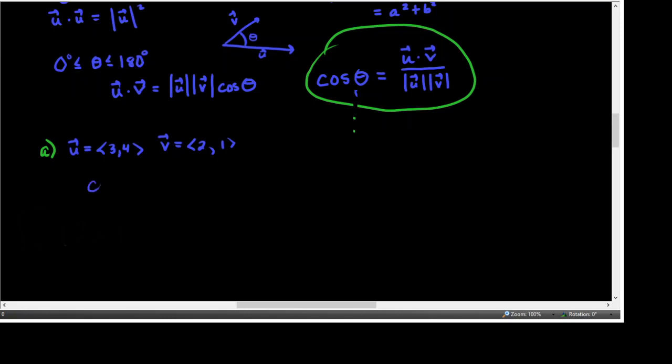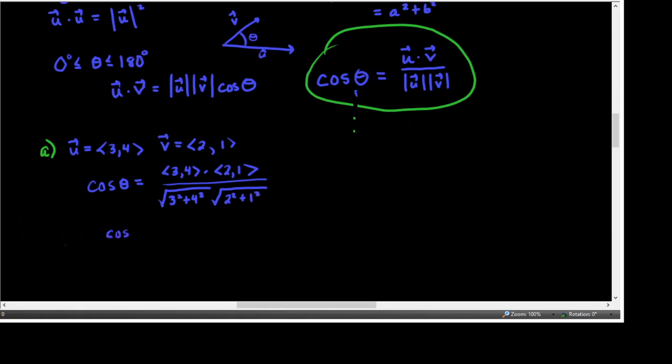Well, the cosine of the angle between them will be u dot v divided by the magnitude of u, which is the square root of 3 squared plus 4 squared, multiplied by the magnitude of vector v, which is the square root of 2 squared plus 1 squared.